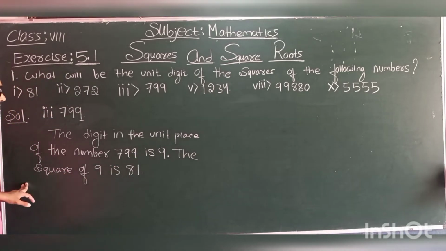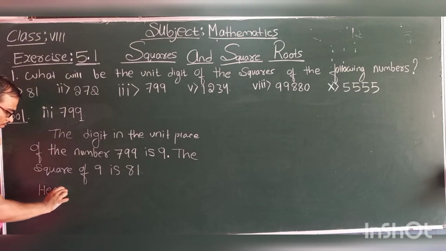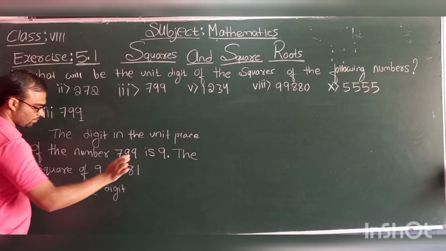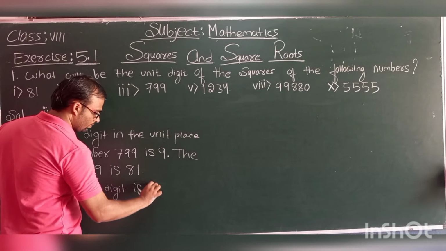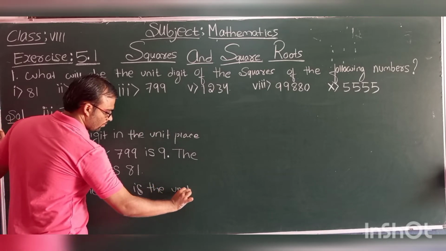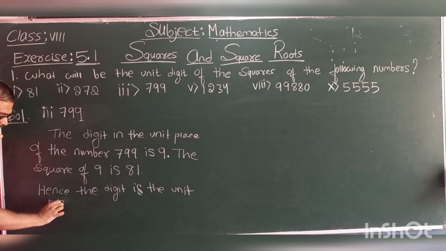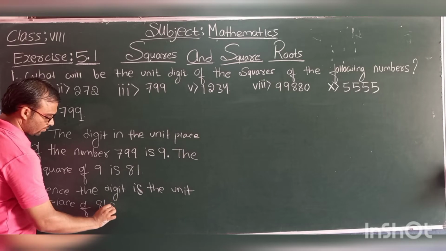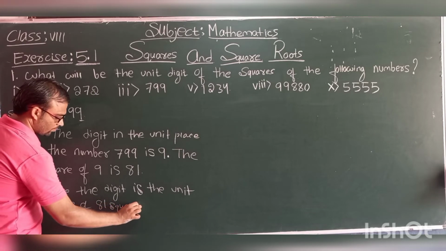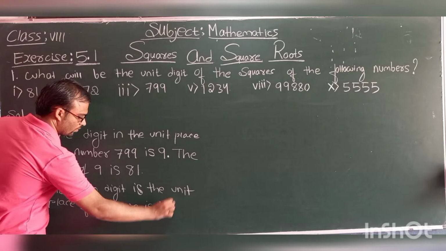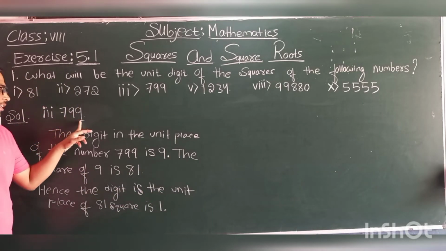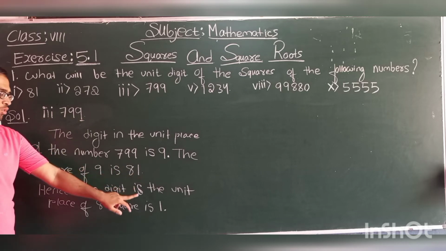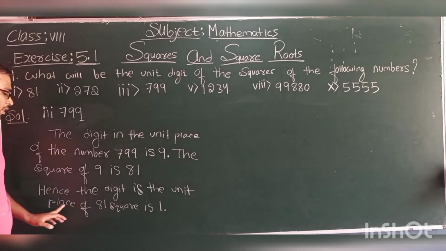Hence, the digit in the unit place of the square is 1. As the last digit is 9 and the square of 9 is 81, with the last digit 1, we get 1 as the digit in the unit place of the square of this number.